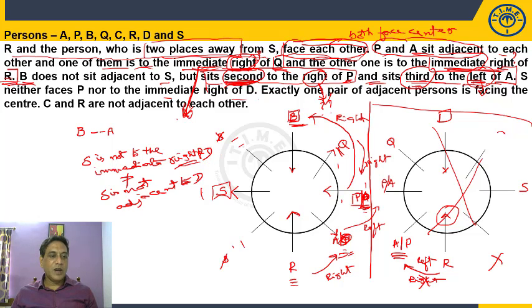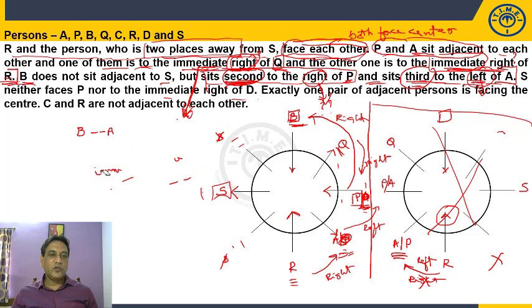Don't get confused with this statement. Don't think that they should not be adjacent to each other. They can be adjacent, but S should not be to the right of D. S can be to the immediate left of D.